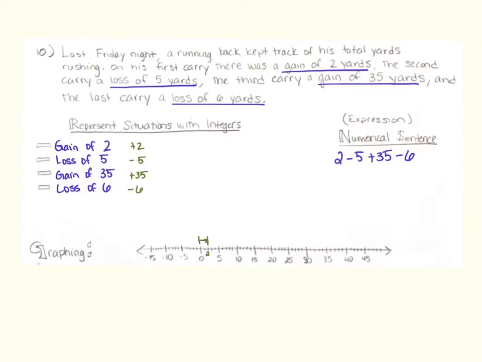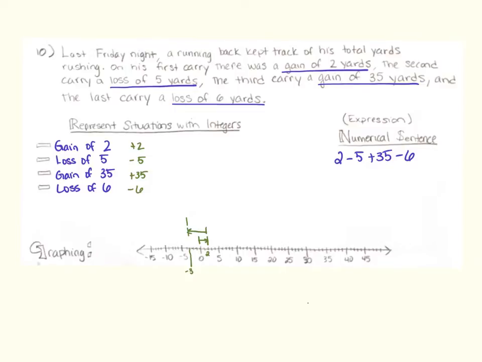So starting at 2, let's count over 5 units. 1, 2, 3, 4, 5. So we're actually going to stop at the negative 3. Okay. Now starting for our next number, start at that negative 3 and count to the right 35 units.